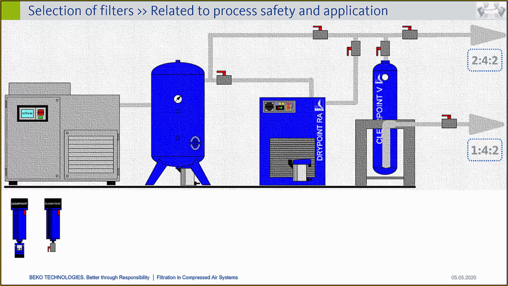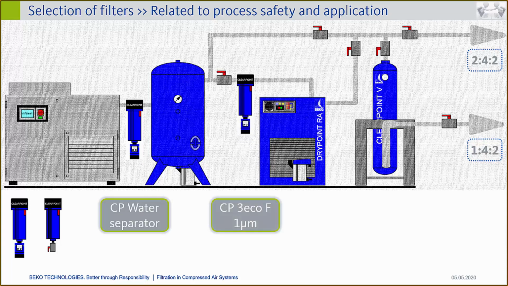So the same question here: what filters should be integrated? Of course, the water separator for the same purpose as before. Then in the next step, we would integrate the F filter, 1 micron, to prepare the compressed air in good conditions to run through the fridge dryer. The next filtration grade is selected due to the oil-free treatment with the carbon tower, again particularly in terms of oil aerosols.